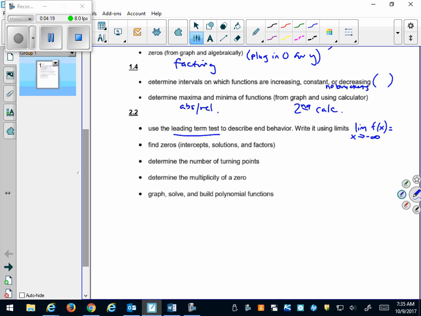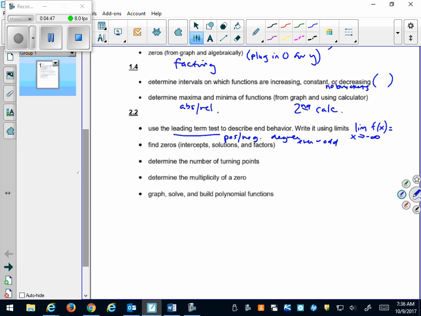Leading term tests, that just refers to telling whether it's positive or negative, and if the degree is even or odd. All right, and then finding zeros, again, that can be called intercepts, solutions, roots, etc. That's factoring and being able to solve that algebraically.